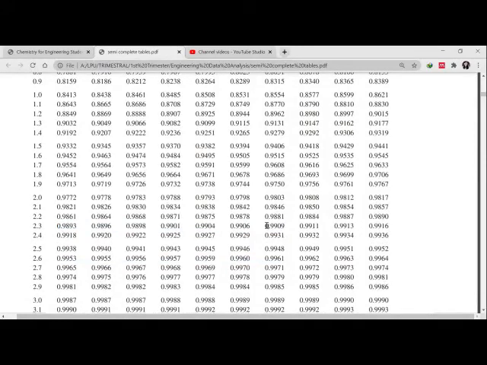So, 0.9909. Ilalagay ko na siya doon. 0.9909 minus negative 1.41. Hanap daw.